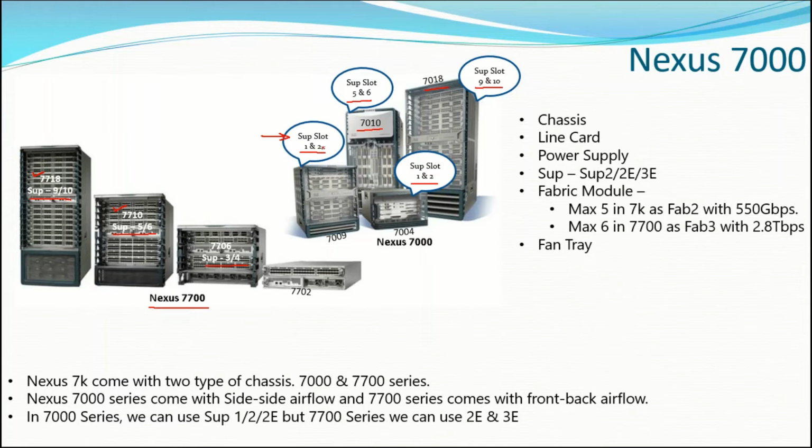But the 7009 and 7004 have different slots: here slot 1 and 2 are reserved for the supervisor engine, and here slots 3 and 4 are reserved. So most of the time people ask which module, which line card, which slot your supervisor engine is going to connect to. This is one of the important things to memorize.